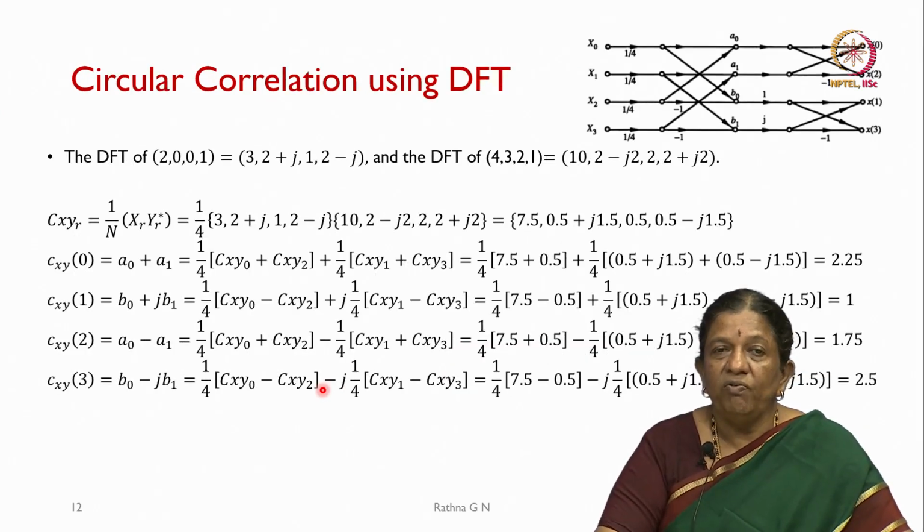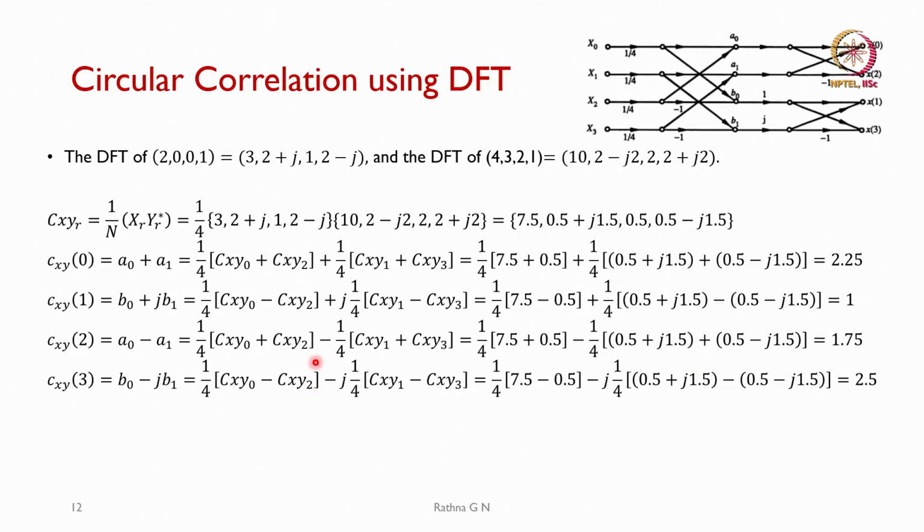Fine. Now we will see how we are going to compute our correlation output. Just like we did for the DFT, I will use the DIF FFT. This is the butterfly structure. Here also we have 1 by 4, because the length of the sequence is 4.